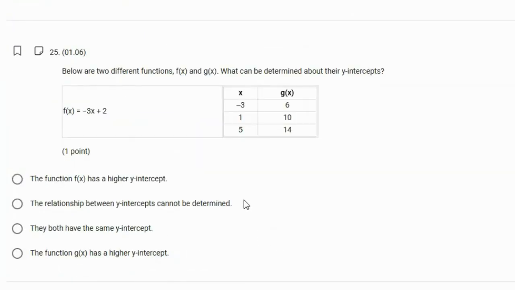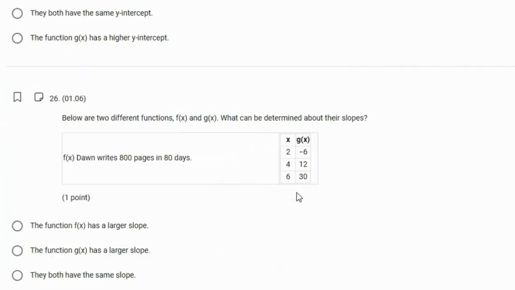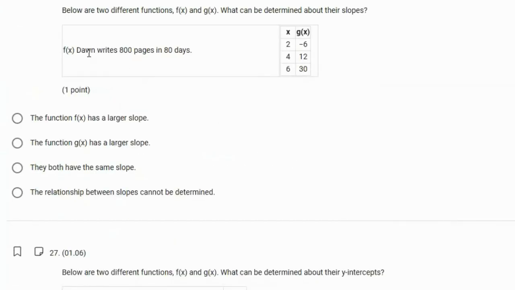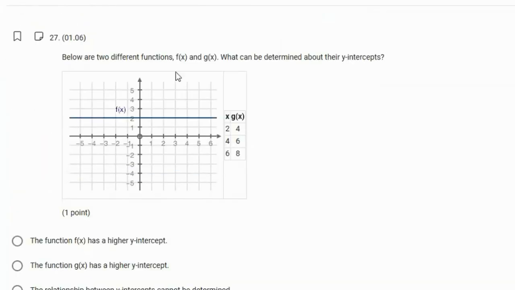Here's 2 functions. What do you know about their y-intercepts? One's an equation, one's a table. Here's a word problem and a table. What can you determine about their slopes? Here's a graph and a table. What can you determine about their y-intercepts?